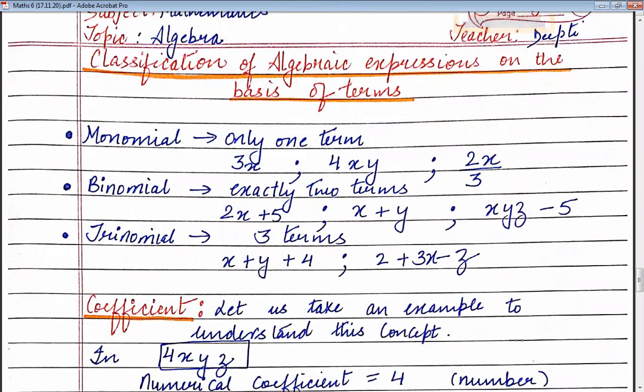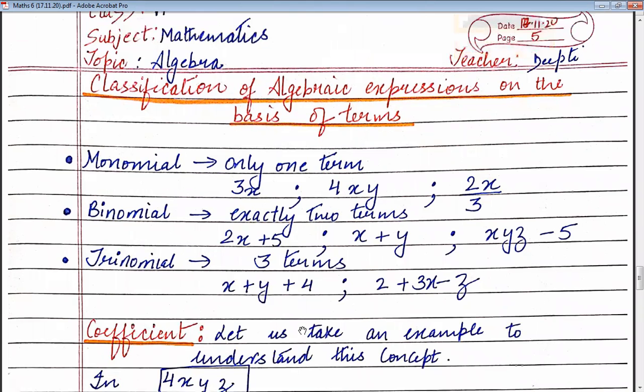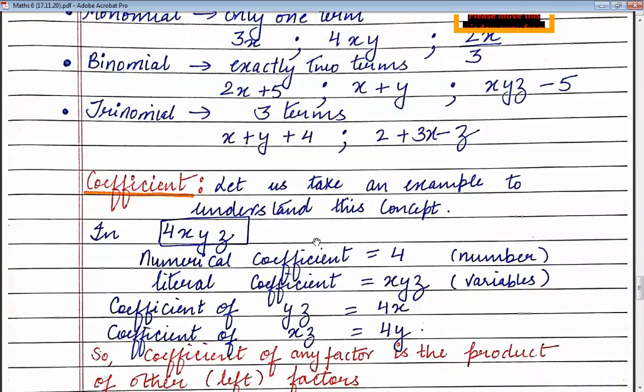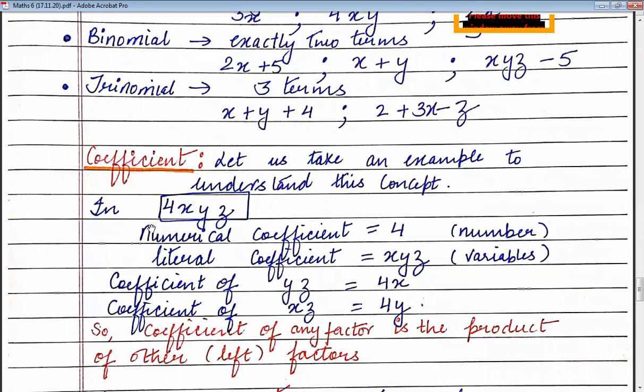Now children, in algebraic expressions, sometimes we talk about coefficients. So now let us discuss what coefficients are. Let us take an example to understand this concept. Children, in 4xyz, first of all, tell me what is the name of this algebraic expression?